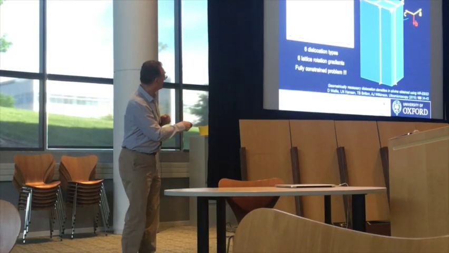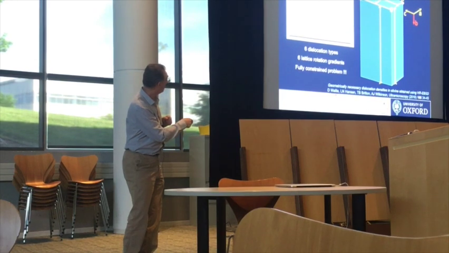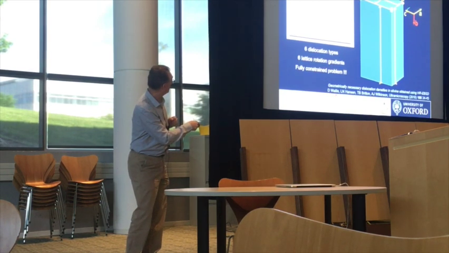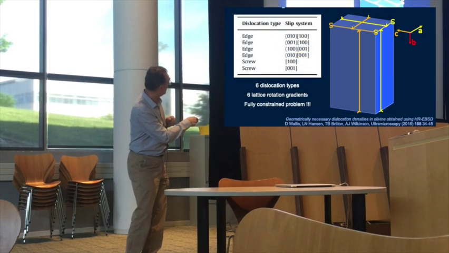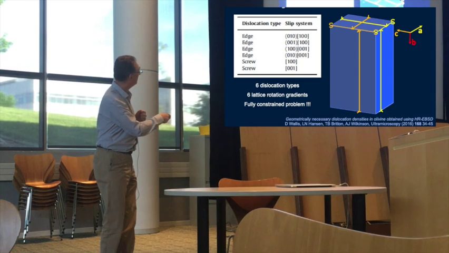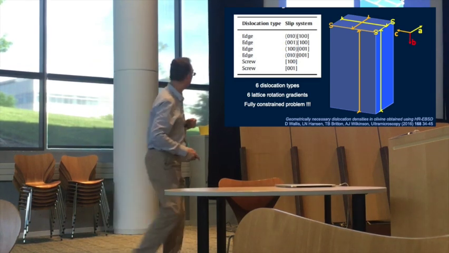I can have dislocations with a Burgers vector along A, which could slip on this top plane, this B plane, or this C plane. Or I can have dislocations with a Burgers vector along C, and they can either be on this top plane or on this plane here. And of course I can have screw dislocations of those 2 types, which could either be slipping on that top plane or the side plane.